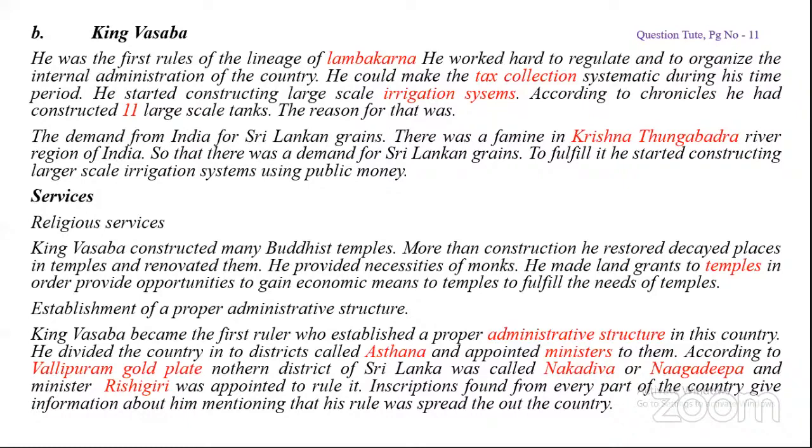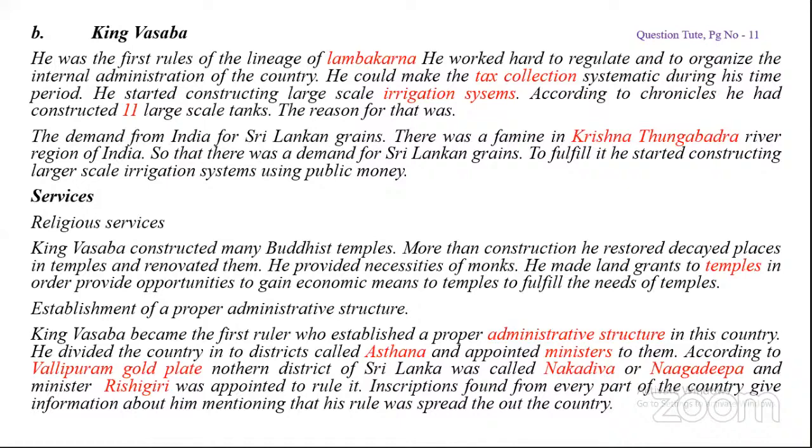Why did he construct them? Because of the demand from India for Sri Lankan grains. There was a famine in the Krishna-Tungabhadra river region of India, so there was a demand for Sri Lankan grains. To fulfill it, he started constructing large-scale irrigation systems using public money.